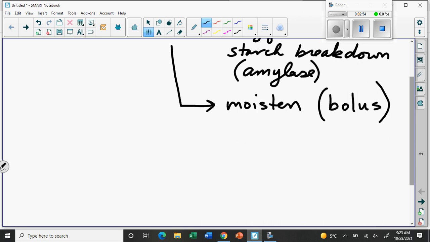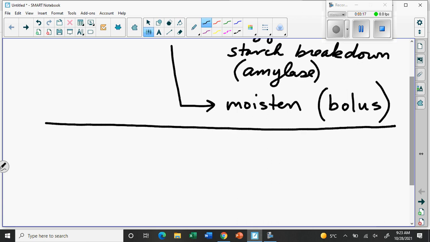So at this point it's wet, it's chewed up, it has the consistency of something like oatmeal, or a little bit rougher depending on what you've eaten. If it's a chunk of meat, it's small pieces of meat with a little bit of saliva. That's called a bolus of food. So the next place that it's going to go is into the pharynx.